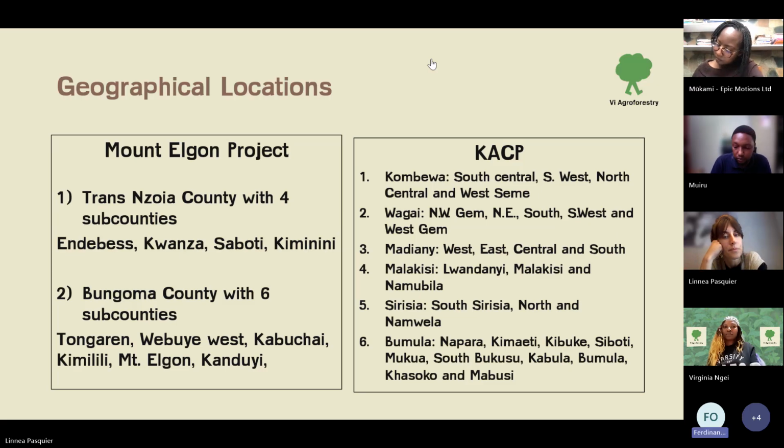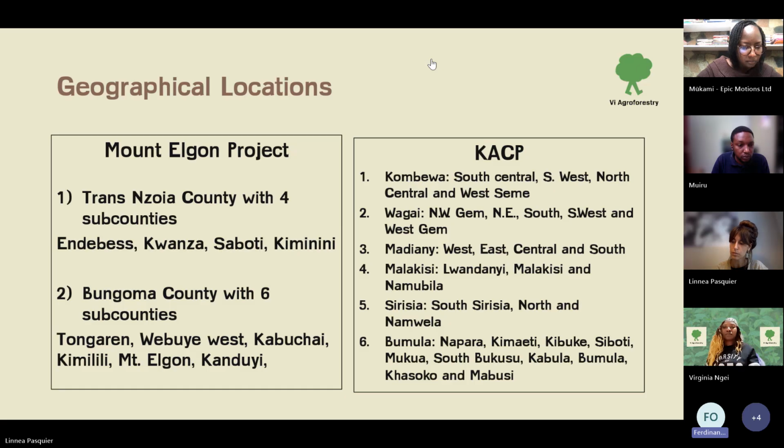Yeah, so this next slide also describes the Mount Elgon project. Besides Bungoma, which we share with KACP, but as I've stated, we are in different regions. For Mount Elgon, we are also in Trans Nzoia County, within 4 sub-counties. In Trans Nzoia, we are only not participating in one sub-county, where we are only doing one location of that county.